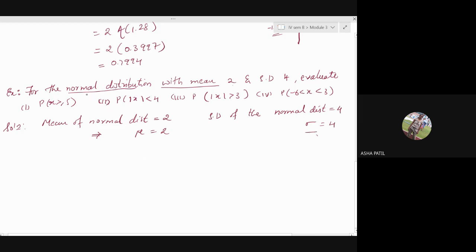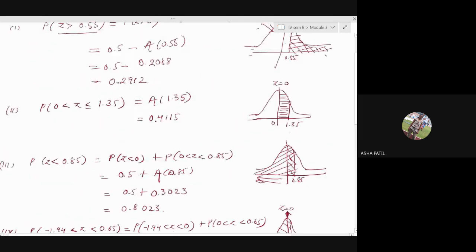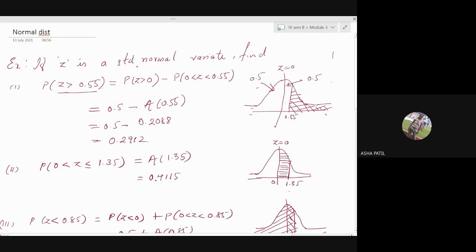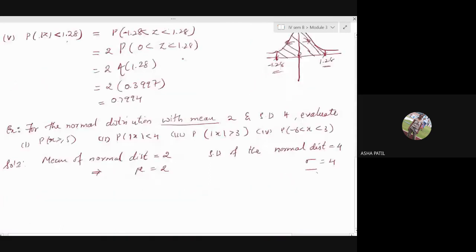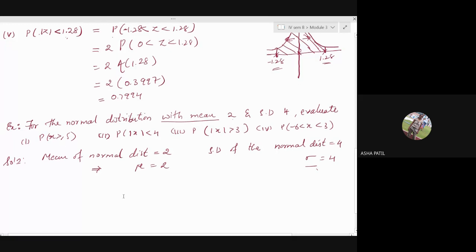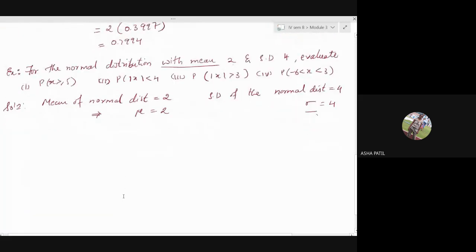Now with this, you can see that it is given just normal distribution, whereas if you compare with your previous example, there it was mentioned standard normal variate. But here the standard word is missing. It is just a normal distribution. So what you have to do is to standardize this normal variate. Yesterday we have seen it.